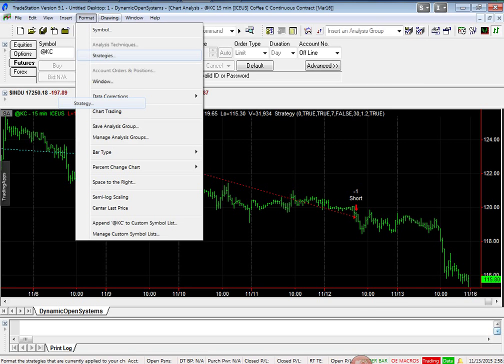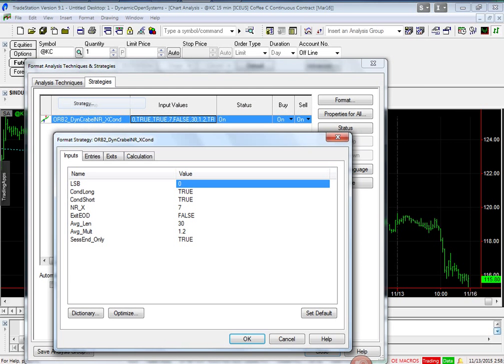But as I said, the advantage of these is we can, without coding, actually develop filters for our system. So let's try a filter here. Close is greater than the average close, comma, 50 bars. Close is less than the average close, comma, 50 bars.